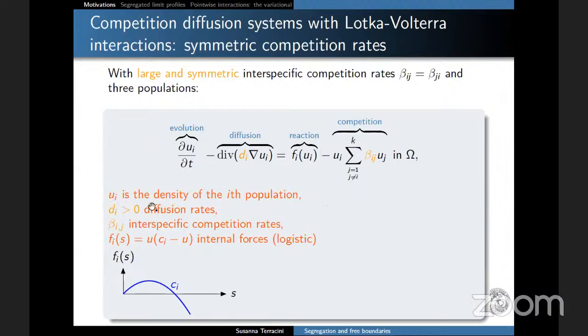The u_i here models the density of the i-th population. d_i are diffusion rates. b_ij is the matrix of the interspecific competition rates, and the reaction term may be thought to be, for example, of logistic type.